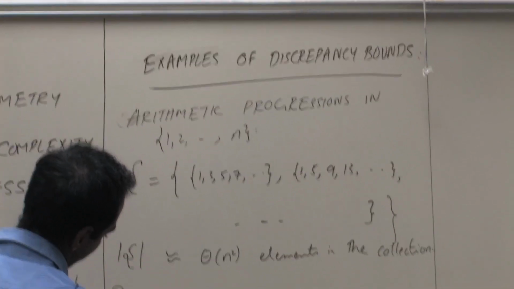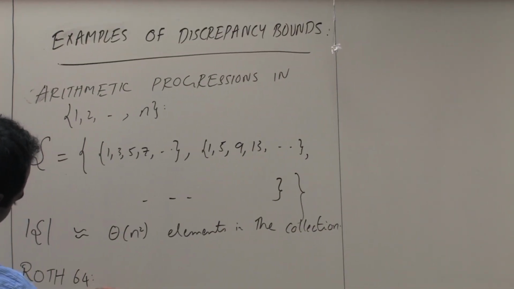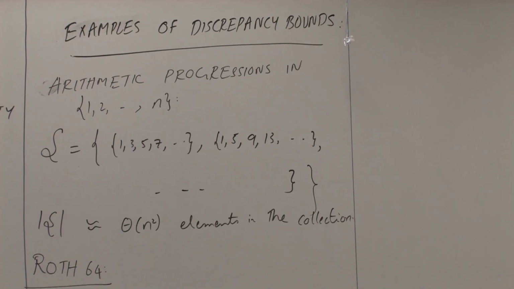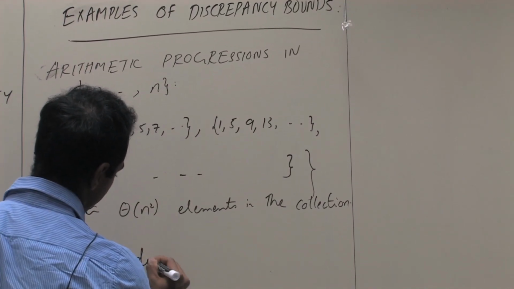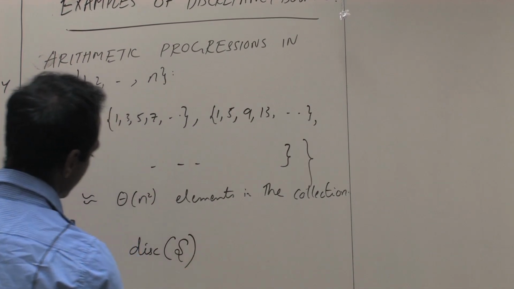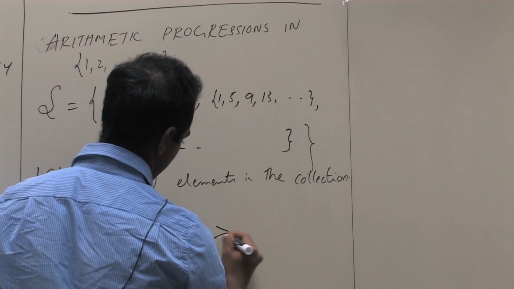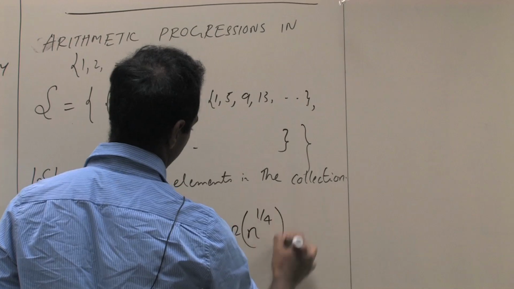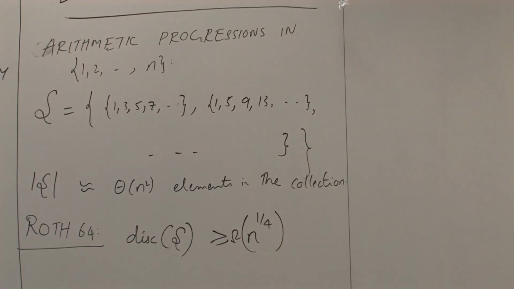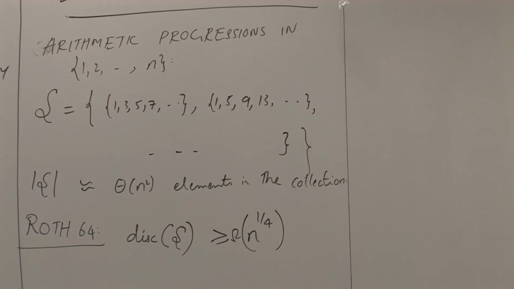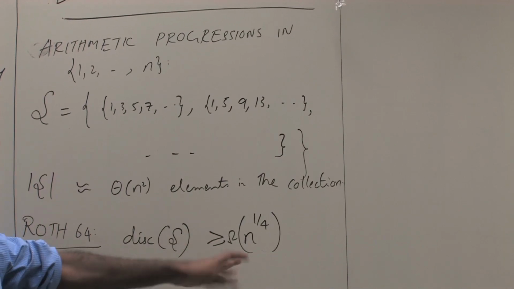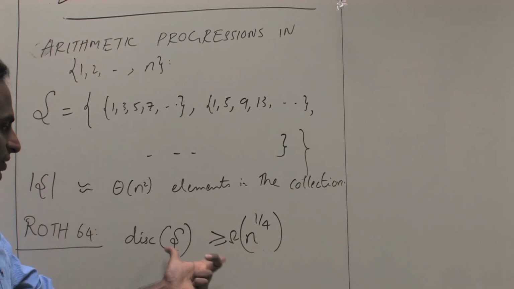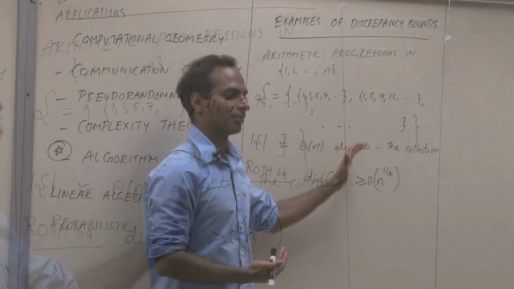So this was studied by Roth in 1964, who showed that the discrepancy of the set system is at least a constant times n to the 1/4. This is a seminal result because it introduced various techniques that we still use to this day, which are simple in hindsight, but at the time they were very novel.